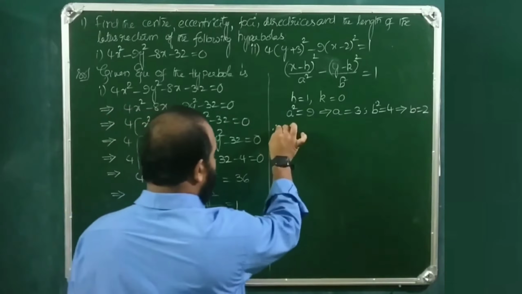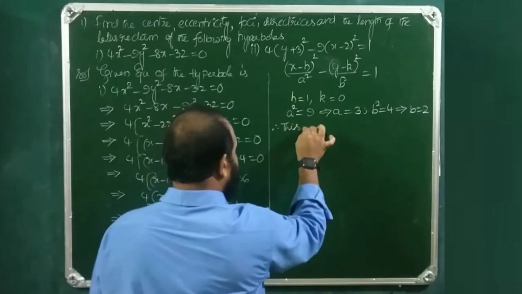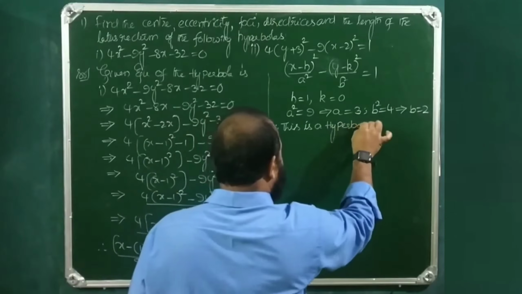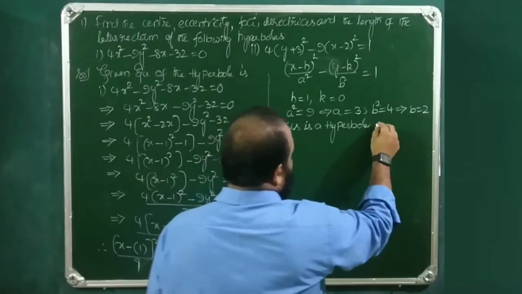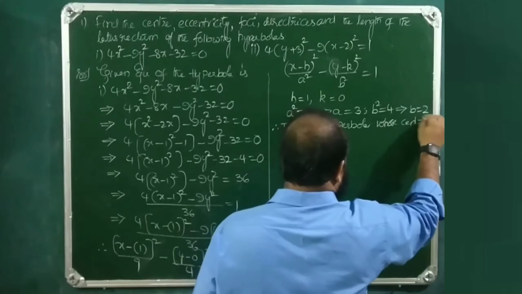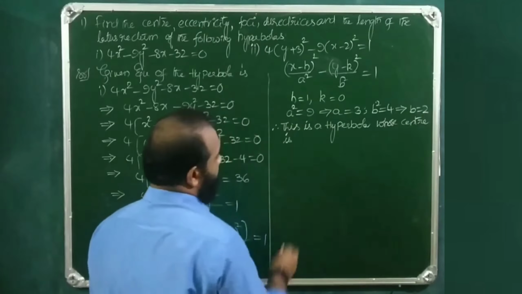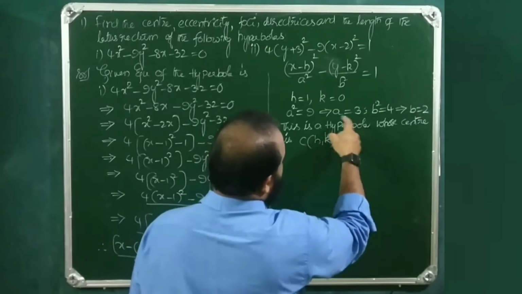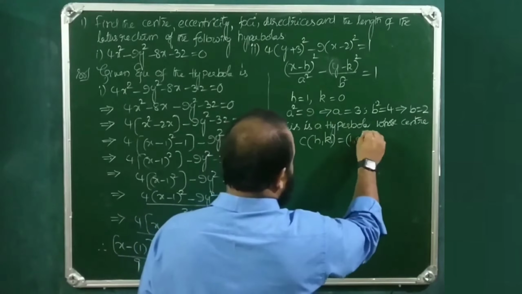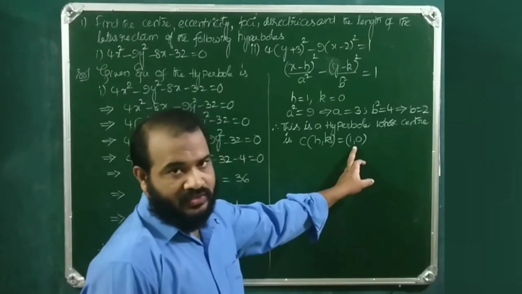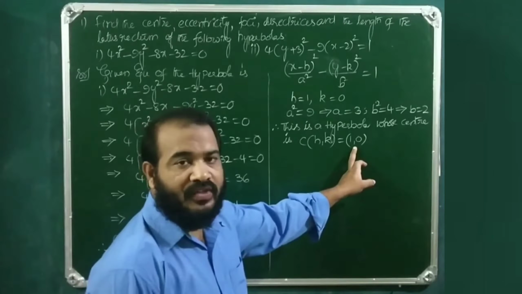Therefore, this is a hyperbola whose center is C(h, k) equals (1, 0), which is obviously not at the origin, not a standard form of the hyperbola.